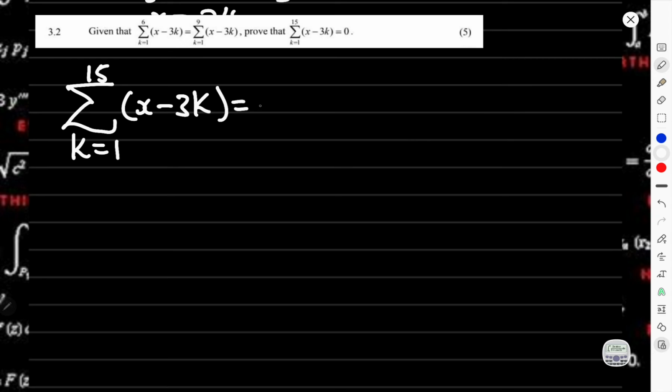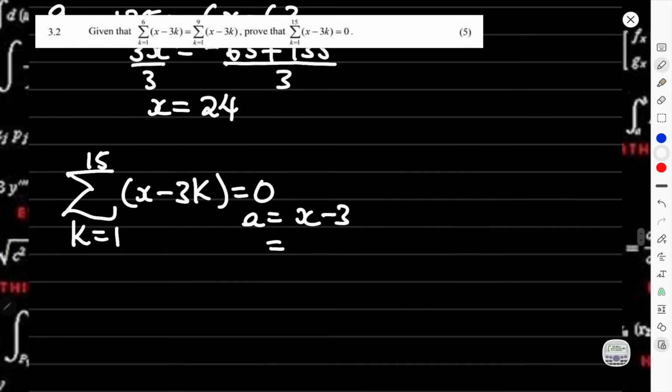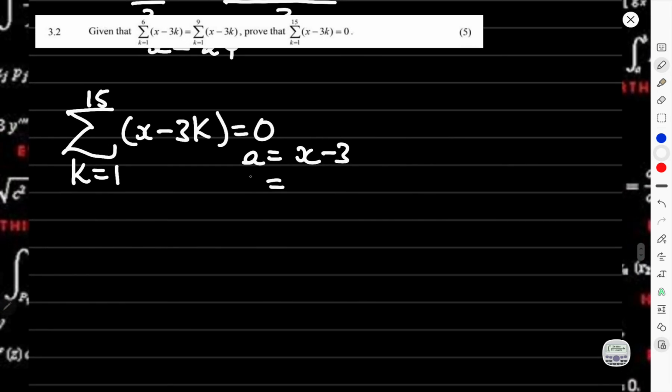They said we need to prove that it's 0. So a, we know, is x minus 3, where x is now 24, so a is 21.